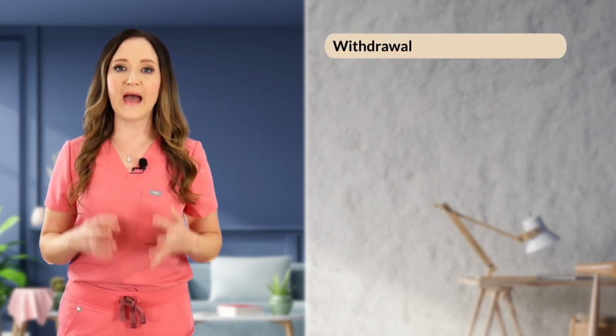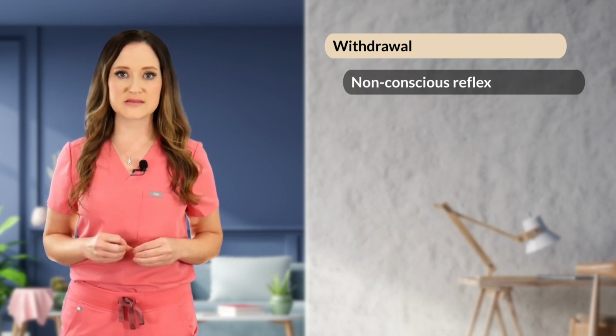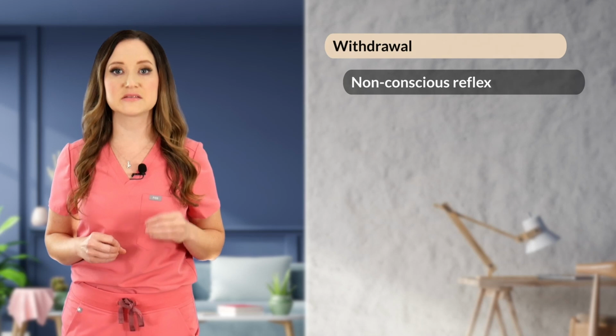It is very important to note here that the deep pain reflex is different than the withdrawal reflex. A patient can have a withdrawal without being deep pain positive, as this is a non-conscious reflex at the level of the musculocutaneous nerve. However, you cannot have deep pain without a withdrawal reflex.